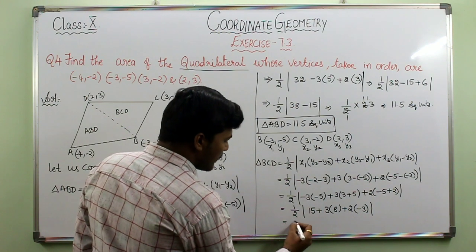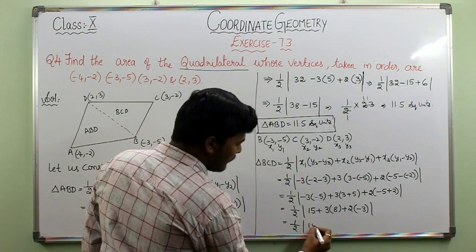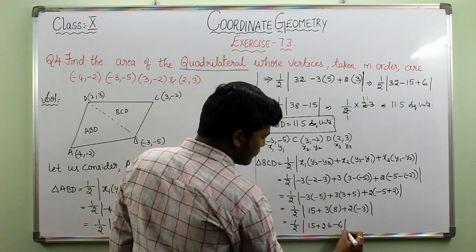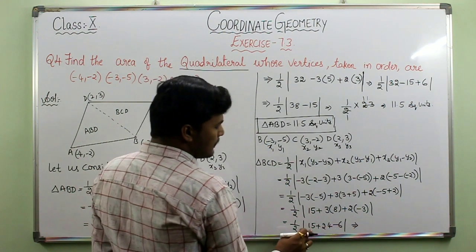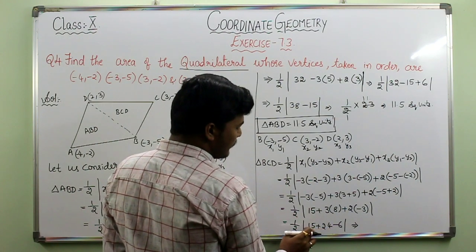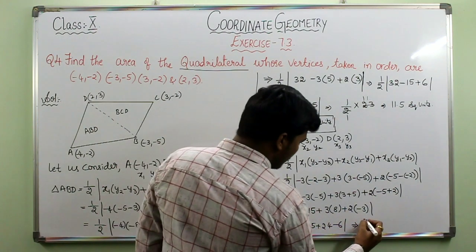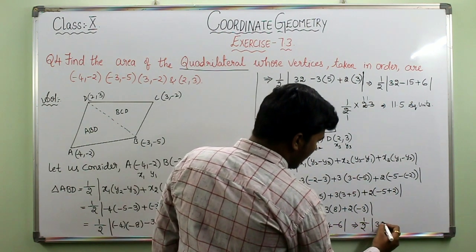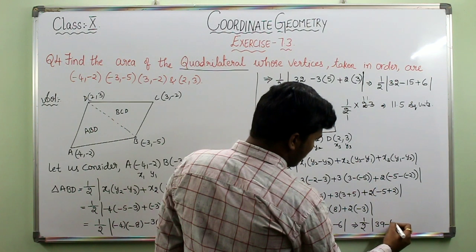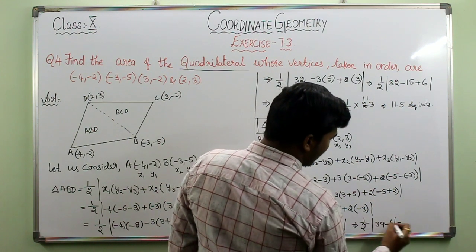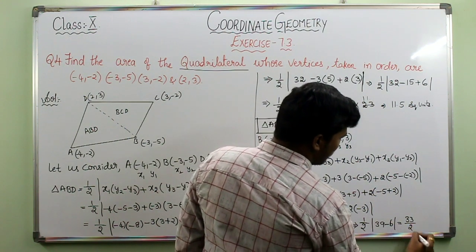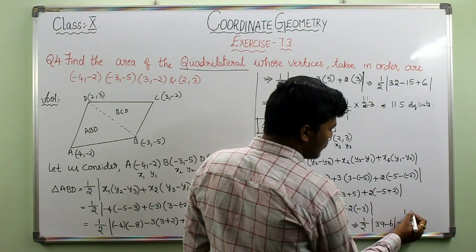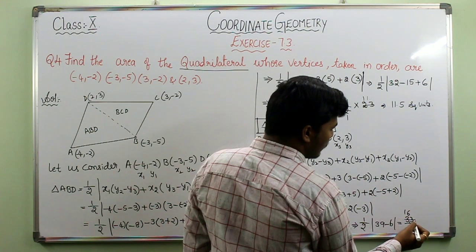Okay, this implies 1 by 2 times of 15 plus 24 minus 6. This implies 15 plus 24 will give you 39, minus 6, okay, which is nothing but 33 by 2. 33 by 2, we can divide, is 16 and you are left out with 1, right?